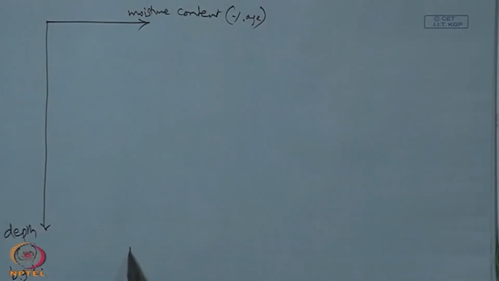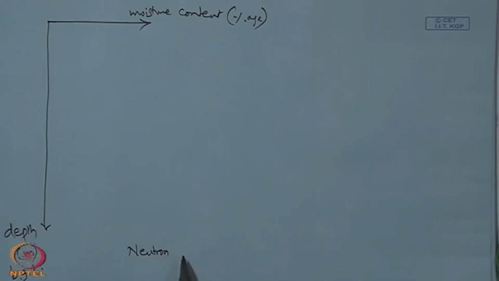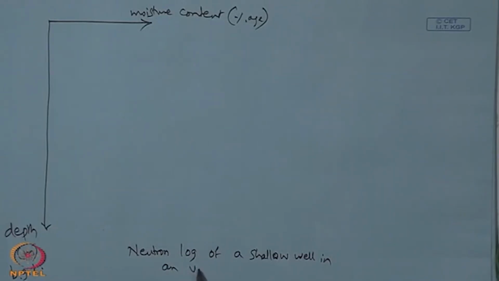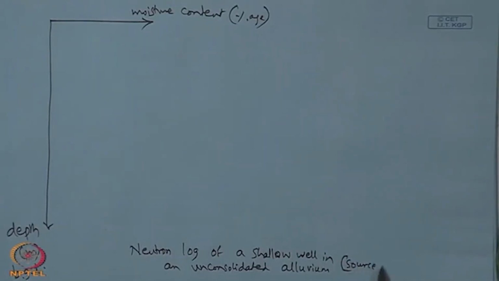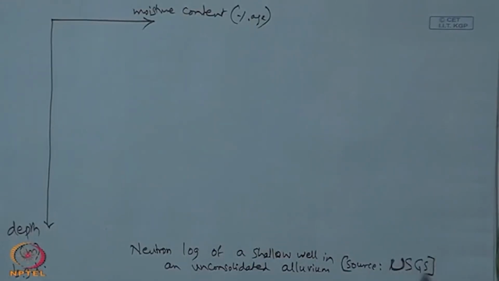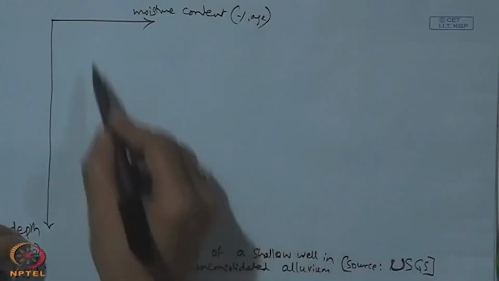So, this is a neutron log of a shallow well in an unconsolidated alluvium, taken from the US Geological Survey.